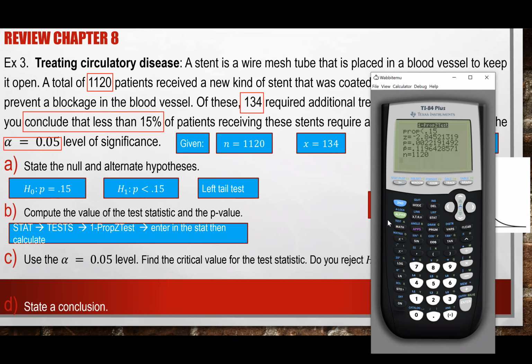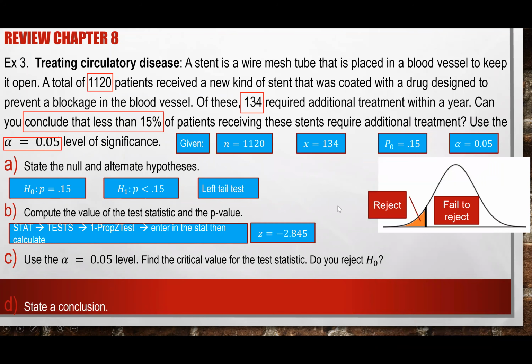So that's the p-hat. If you extract your information, make sure you know what your output looks like. The two numbers we're looking for are z equal to negative 2.845, and the p-value, which is 0.0022.